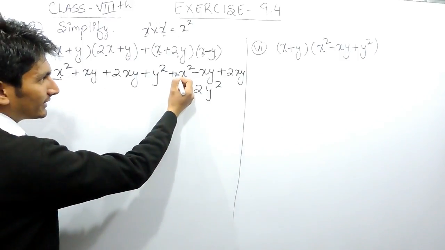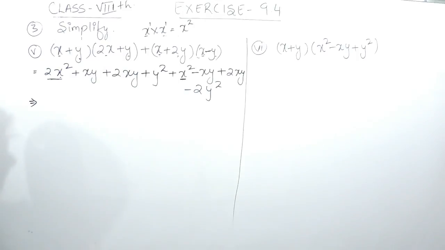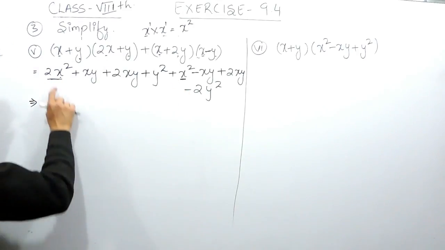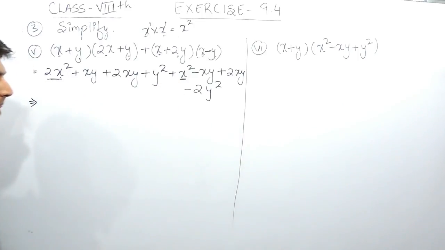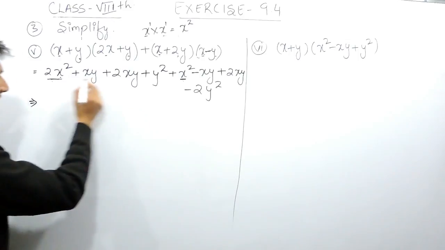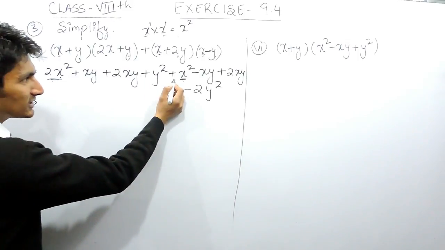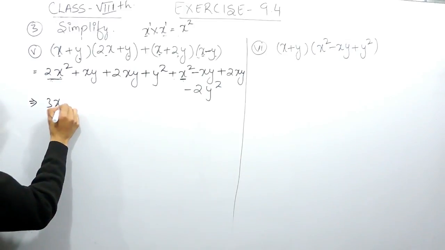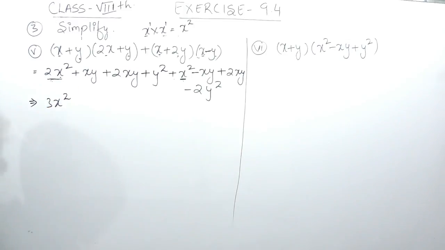It doesn't matter if the constant part is the same or different; you have to match the variable part. So these are like terms, and they can be solved with each other, and plus is plus. So 2x square plus 1x square will give 3x square.